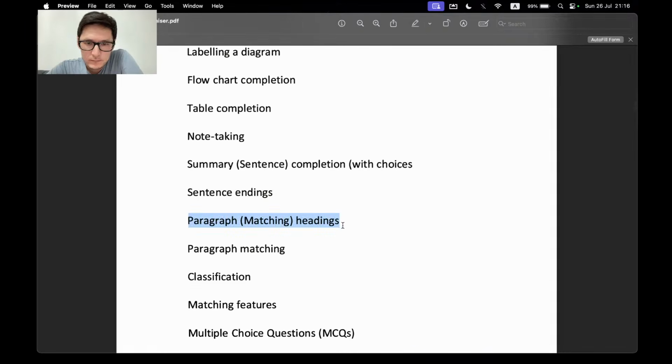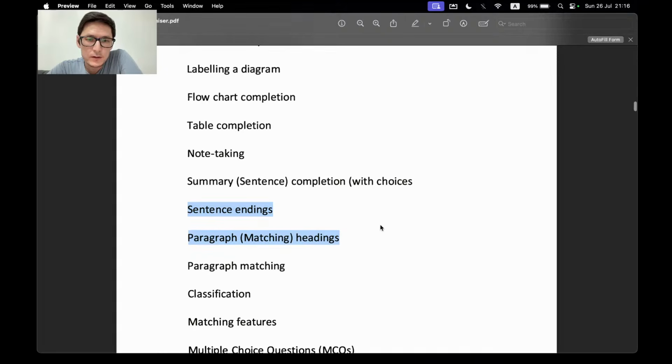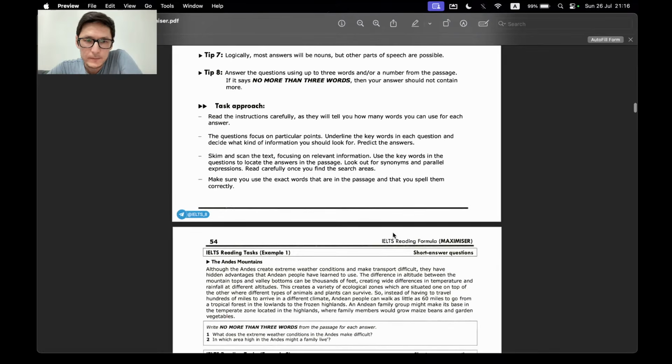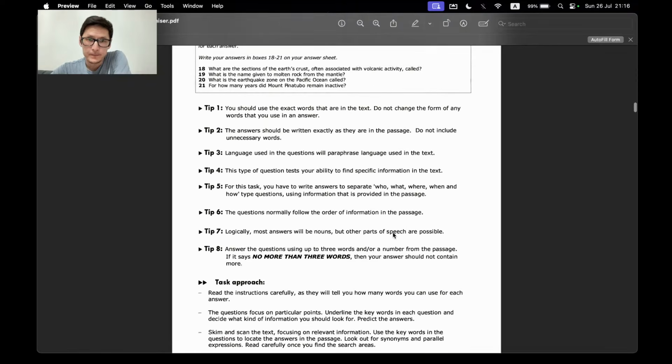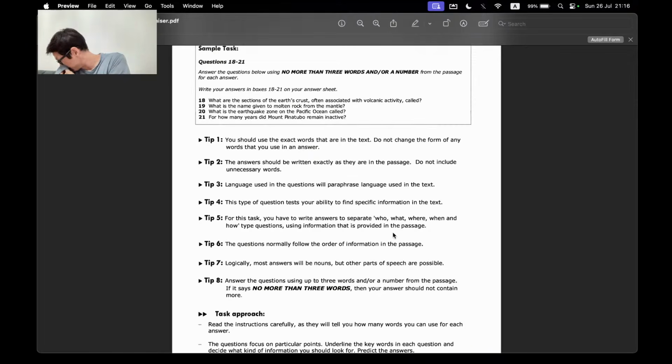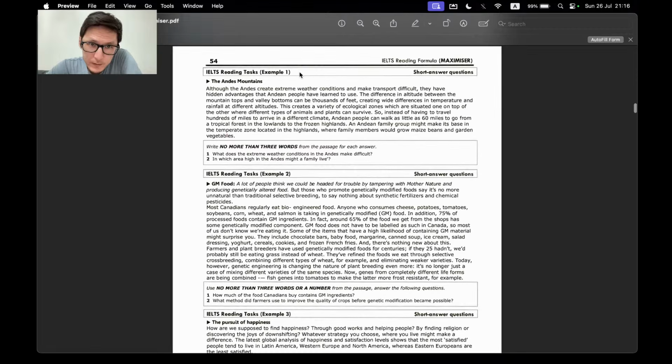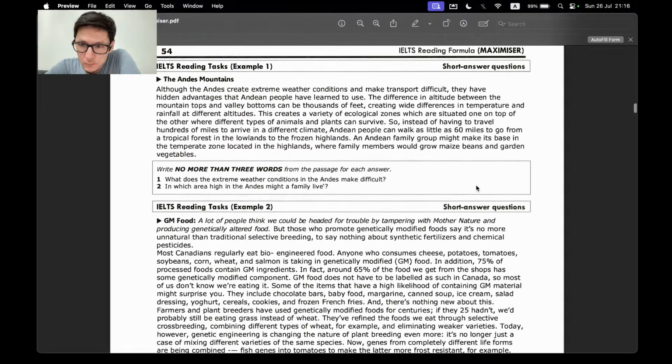Reading tasks. Paragraph matching and sentence ending. Here we have two of those. It's after sentence completion, right? It's note taking. Okay, let's see. Just a second. The reading task is a short answer question. Okay.